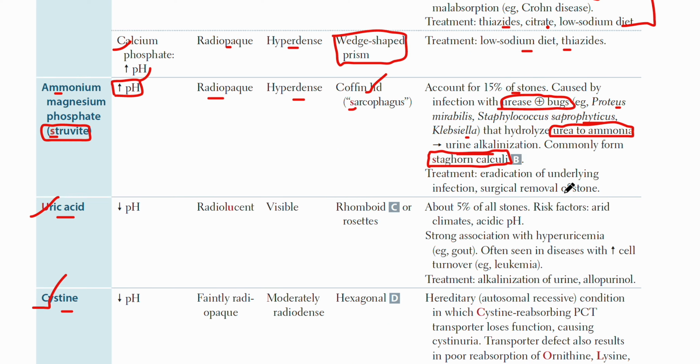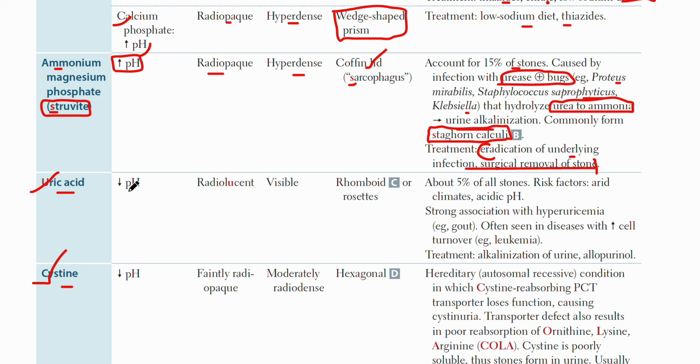The treatment is eradication of the underlying infection and surgical removal of the stone, because staghorn calculi are usually very obstructive in the renal pelvis region, the outlet toward the ureter. That is where staghorn calculi obstruct.